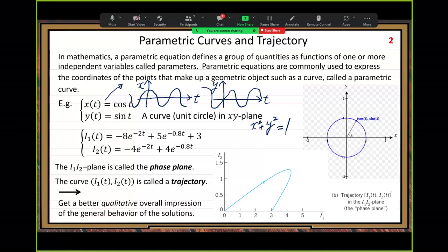Here we get a better qualitative overall impression of the general behavior of the solutions, because in the older way it's hard to see this kind of general behavior. So here we take this new way to see it.